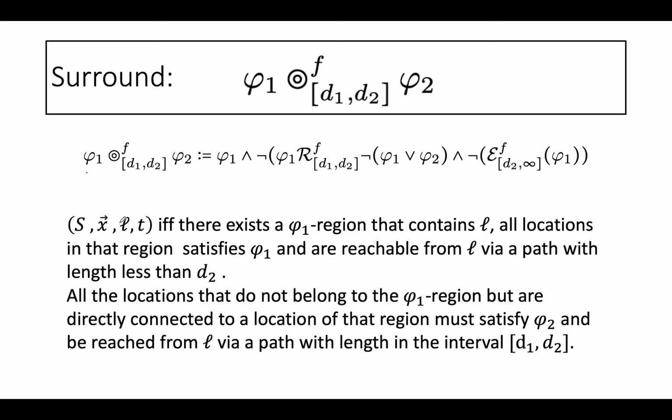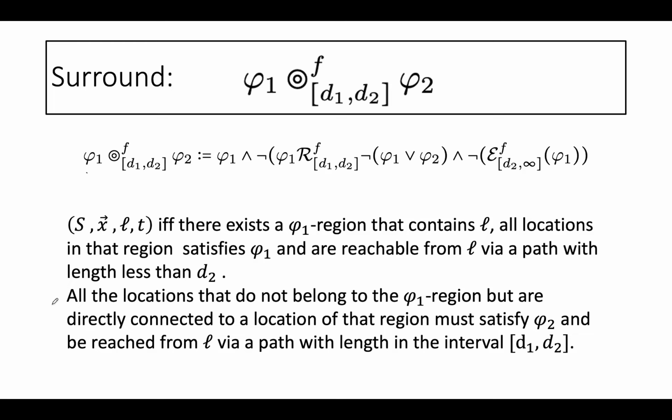We say that a spatial model and a spatio-temporal trajectory satisfy the surround property in location L at time t if and only if there exists a phi1 region that contains L and all the locations in that region satisfy phi1 and are reachable from L via a path with length less than d2. In this way we describe the phi1 region.